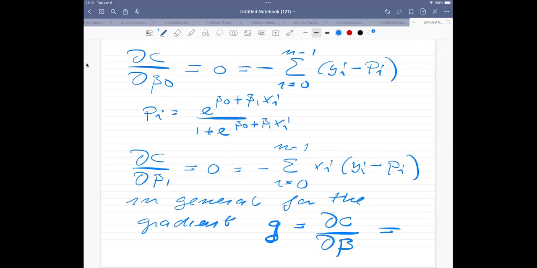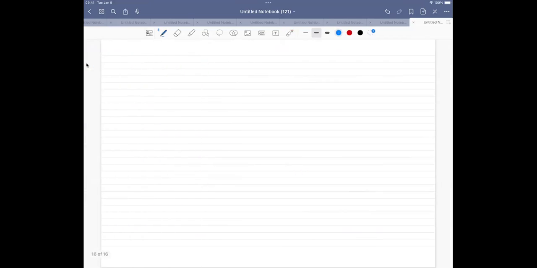This is something which is going to take the following form. So we want this one to be 0, but it has an analytical form. So let me just set up the form which follows from what you see here for β0 and also for β1.